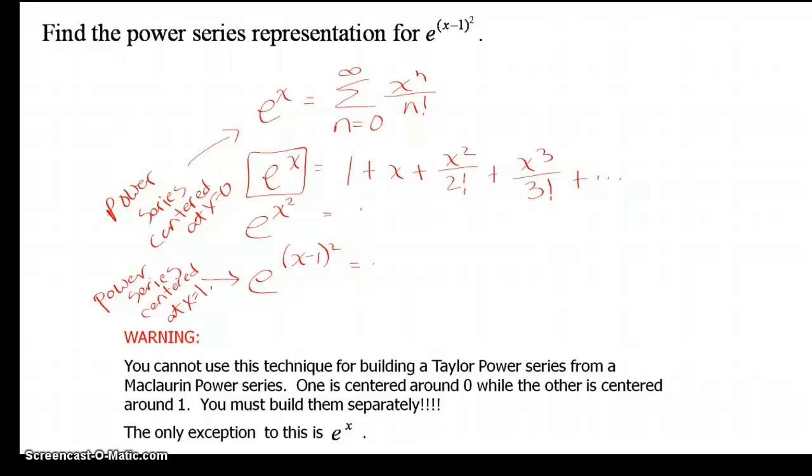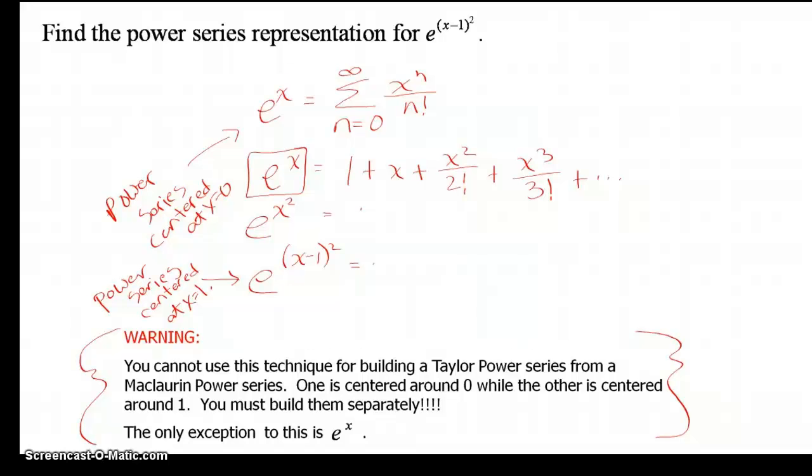So hence my warning down here. I want to give you a warning. This is not something that we can always do. You cannot use this technique for building a Taylor power series from a Maclaurin. One is centered around 0. This other one is centered around 1. You'd have to build them separately, which is something we can always do.